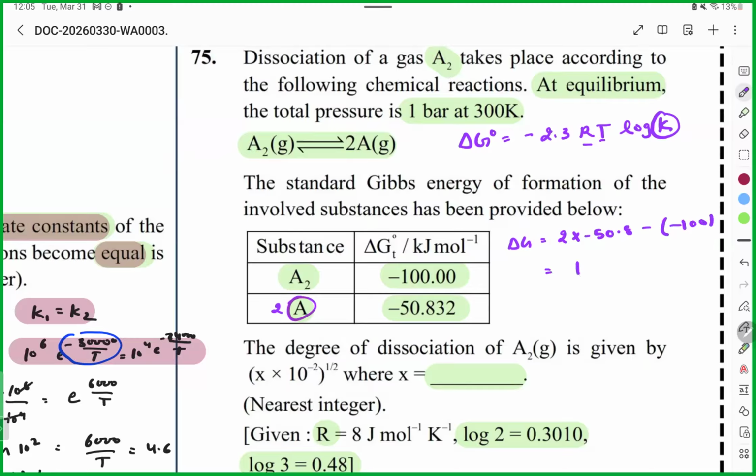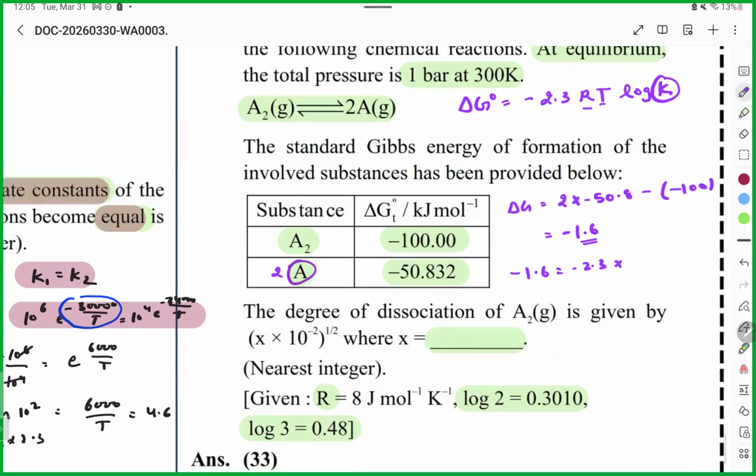So it will be 1.6, correct? Minus 1.6. Minus 1.6 will be equal to, the Kp is equal to 1.9. Kp is equal to 1.95. No, it is 33.